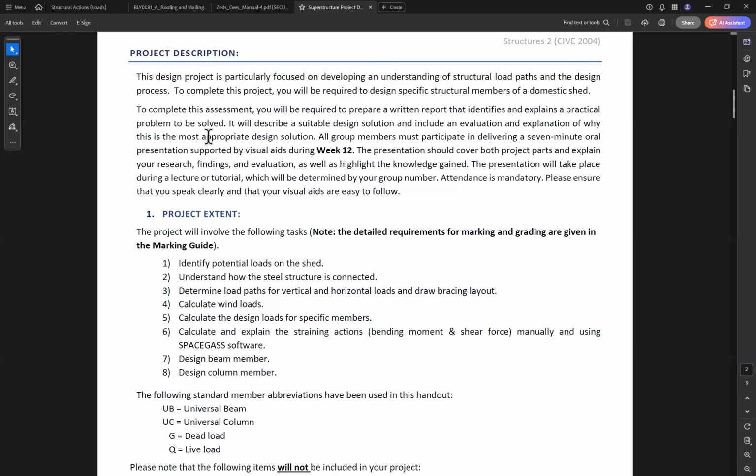So a full report. And we will have a presentation in week 12. We will prepare a PowerPoint and present that in the class in week 12. The presentation should cover both parts of the project and explain your findings and evaluation of the knowledge gained through the report.